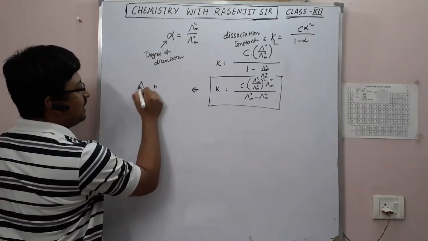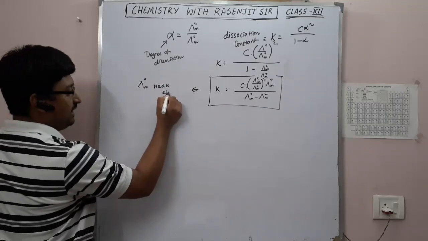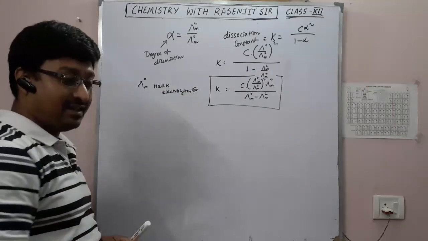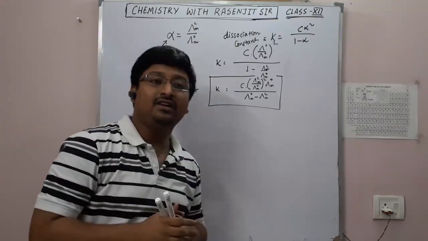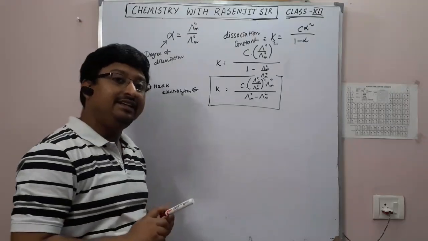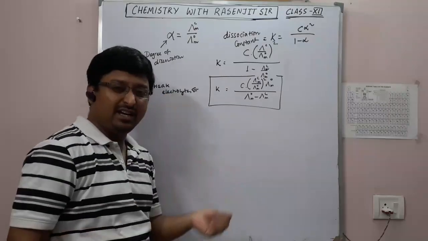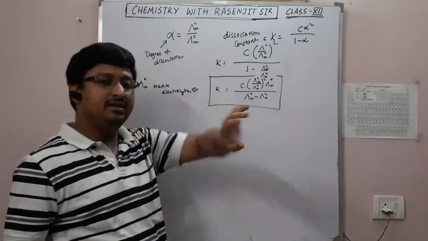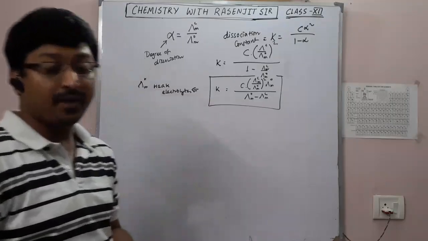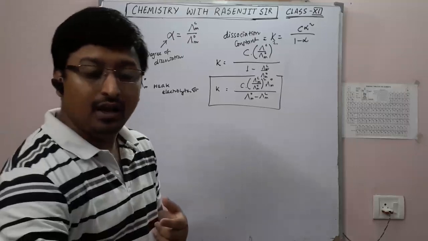I am taking my word back, because earlier I said that for weak electrolytes you cannot calculate lambda zero. I was wrong. Indeed you can calculate the lambda zero for weak electrolytes, but you have to do it in a separate way, and for that you need to know the dissociation constant.